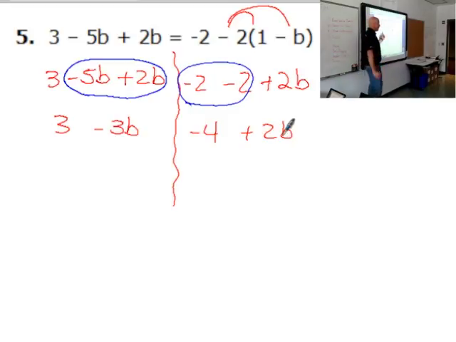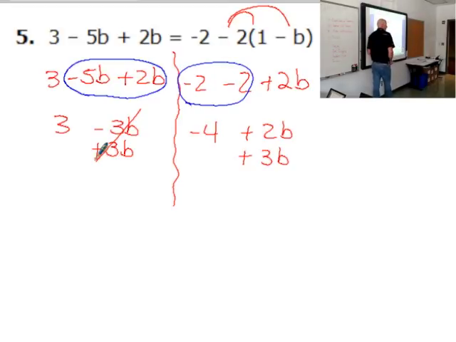How do we do it? We add it. Does this cancel right here? Yes, that cancels. And what's 3 plus 2? 5b. So we're done with our first move. We moved that negative 3b.